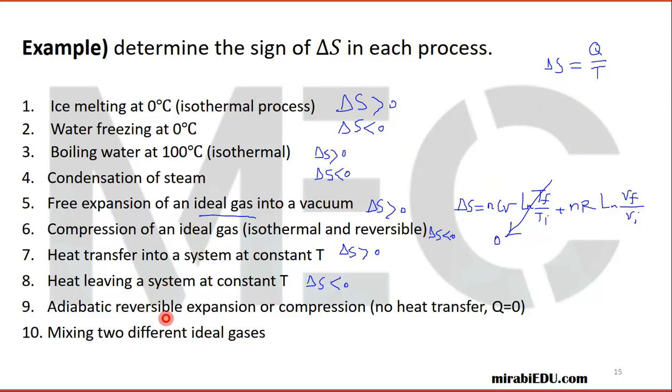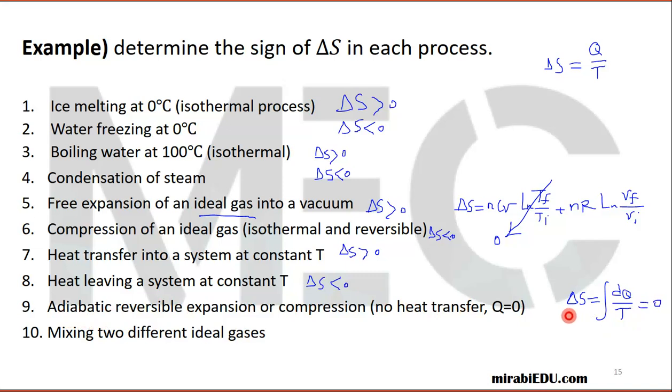Adiabatic reversible expansion or compression. We say that adiabatic reversible is an isentropic process. So even if we want to integrate this formula, in every step dq is 0 because it is an adiabatic system, therefore delta S is 0.